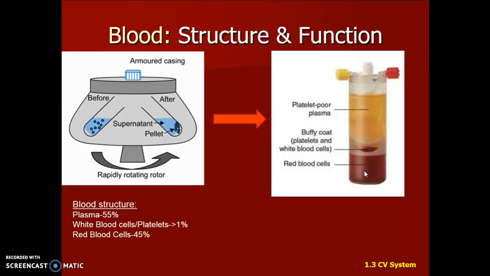The functions include the hemoglobin, which absorbs oxygen in the lungs and releases the oxygen to the rest of the body. And then looking at the second final thing, the white blood cells, which make up less than 1%. These have a lifespan of only a few hours, and they're used as transportation to infected areas.